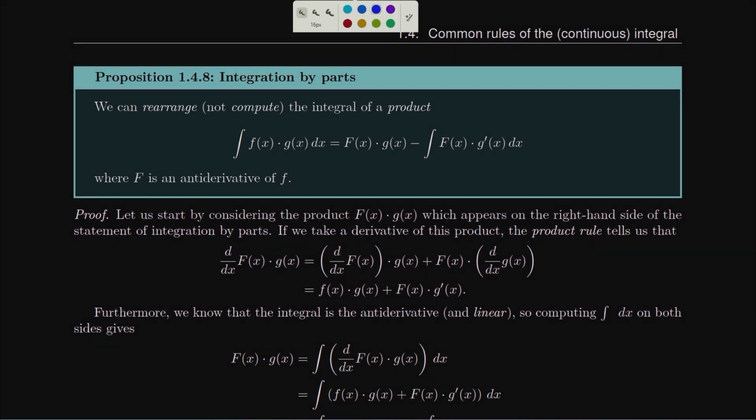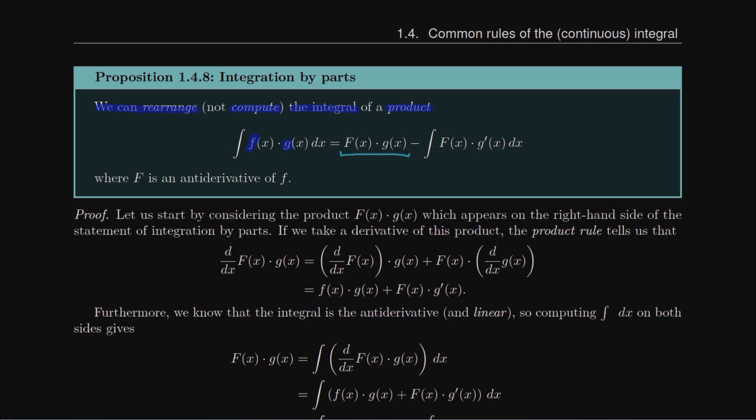The proposition, the way I phrase it here, is very slightly different. I say that we rearrange; we don't actually compute integrals. Integration by parts is really a technique of rearrangement, not necessarily computation. If I have the integral of a product, here f and g, I can rearrange that integral into two terms.